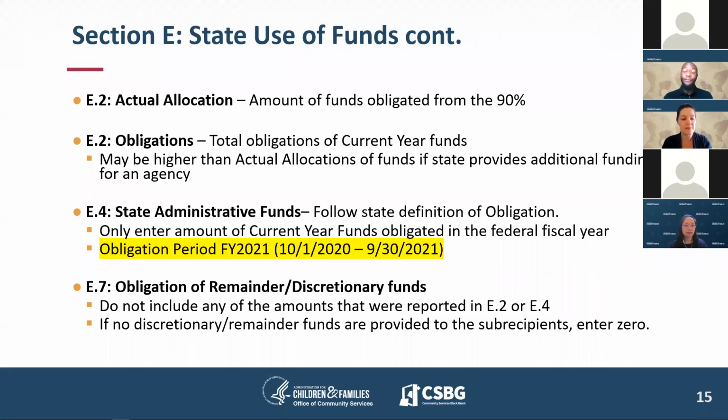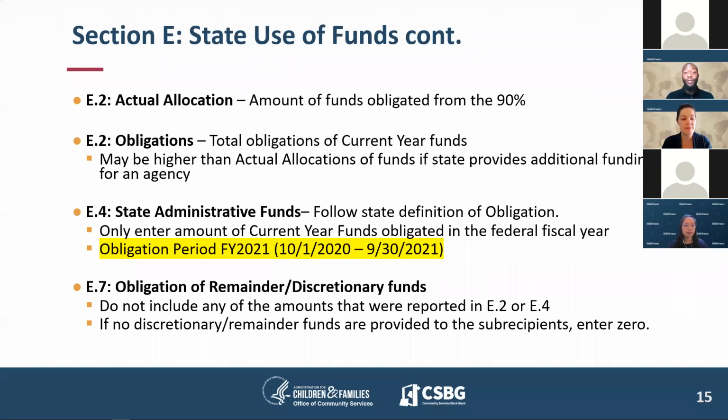In the state administrative funds, OCS prefers that you follow the state's definition of obligations and again, stick to the current year funds that was obligated during the FY21 federal fiscal year. So that's 10/1/2020 to 9/30/2021. And again, when completing the CSBG regular report, this will include state administrative funds allocated for CSBG regular, CARES, and disaster if you received it.